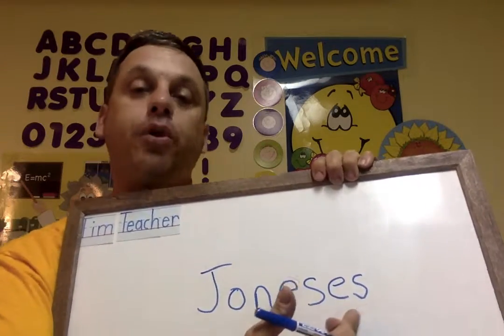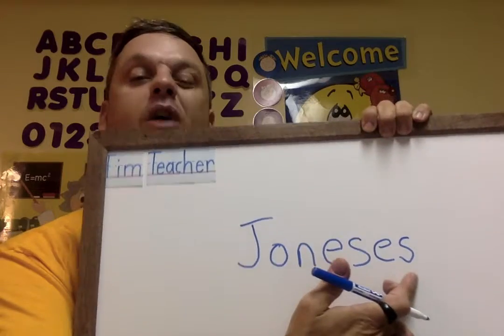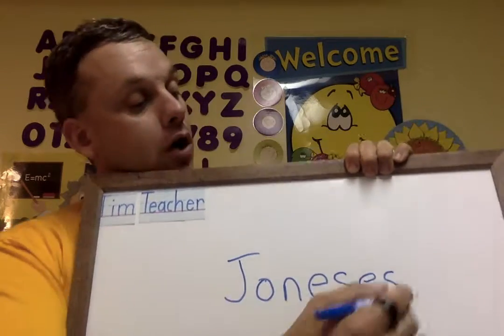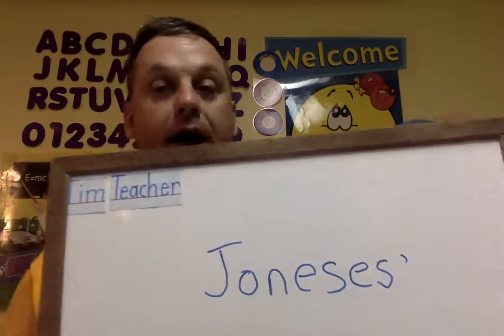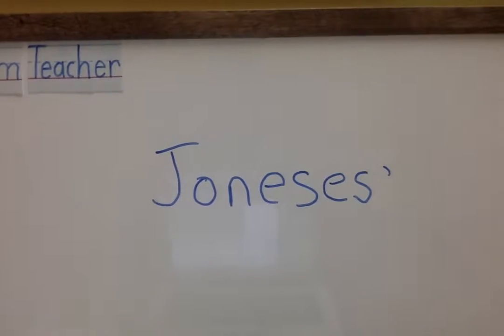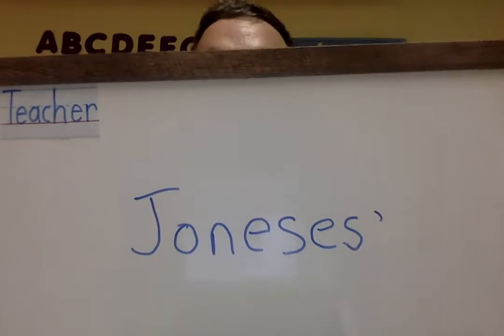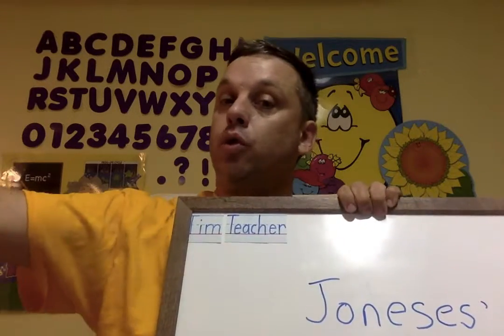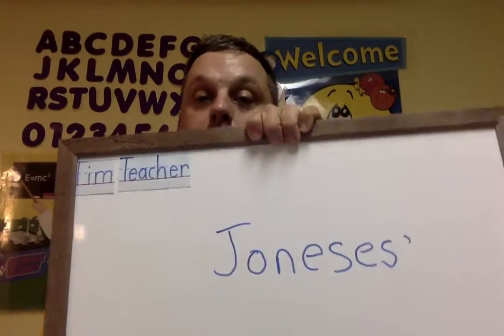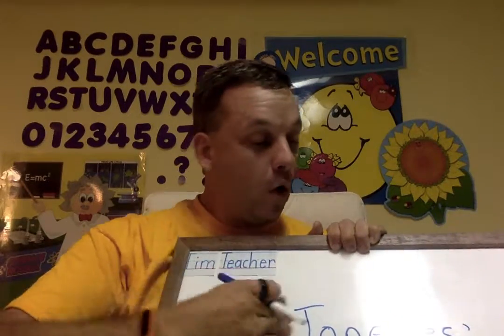Again, we've made it plural, so we've made it a little more difficult. We don't want to keep making it more difficult, so here we can also add the apostrophe. So it is the Joneses' party. All of these individual people here with the last name of Jones. One more.